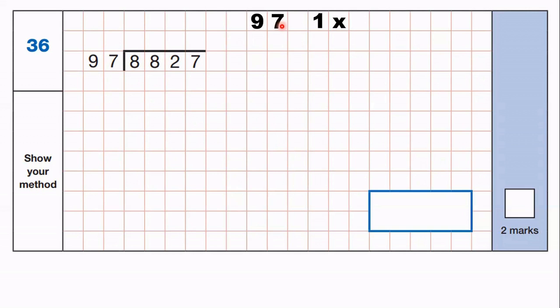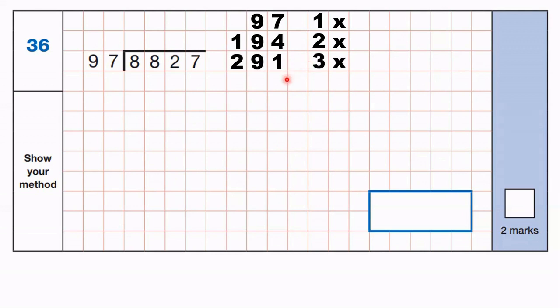Well, 97 is 3 less than 100, so we can work out the next times table by adding 100, then subtracting 3. 97 plus 100 is 197, then if we take away 3, we get 194 as 2 times. Then, add 100, we get 294, take away 3, we get 291 as 3 times.